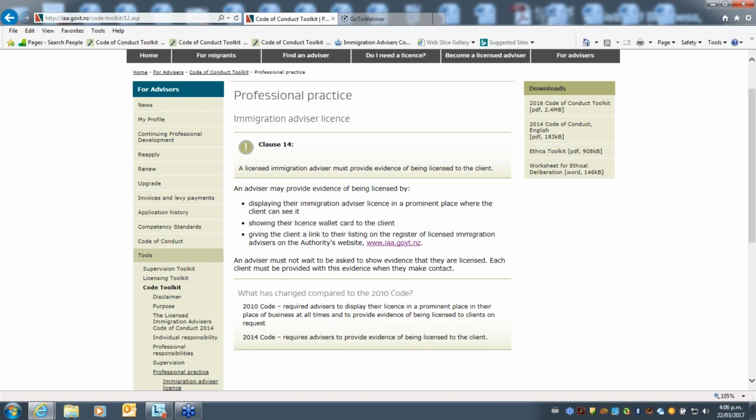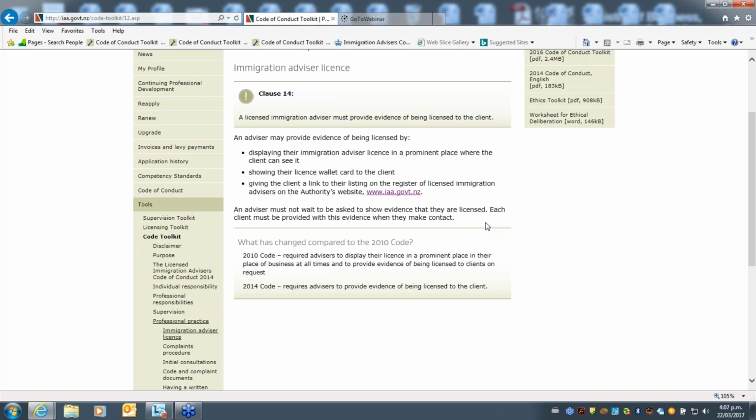And that's important in terms of creating awareness of the licensing regime and the expectation that advisors are licensed, and we are wanting to create greater consumer awareness that they can expect to be given that evidence of being licensed, so that if they are dealing with someone who's not licensed, alarm bells will go off for them. So that's really about the overall purpose of the regime and avoiding people dealing with unlicensed advisors.